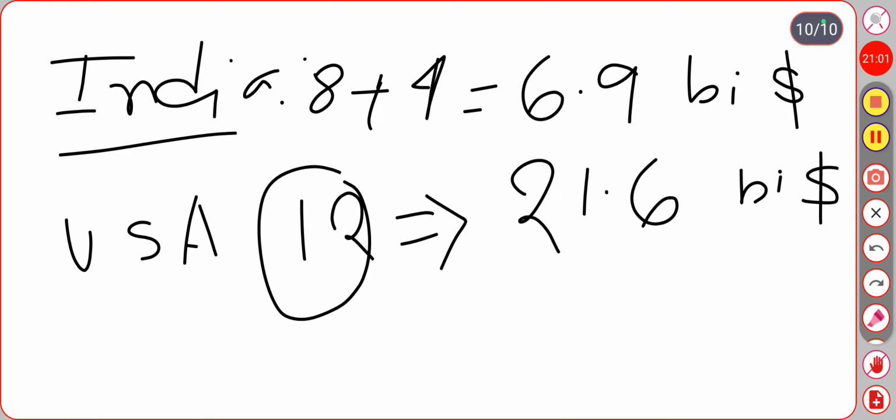And in India, clearly the GDP is underestimated. So if we only consider the exchange rate, there is a clear indication that the exchange rate does not reflect purchasing power and GDP is underestimated.